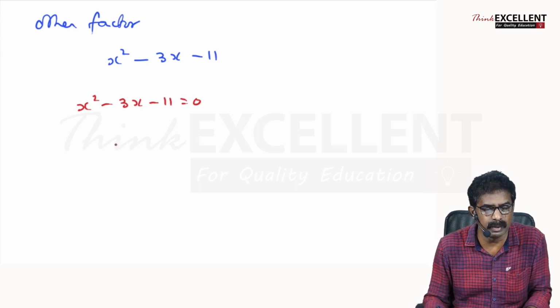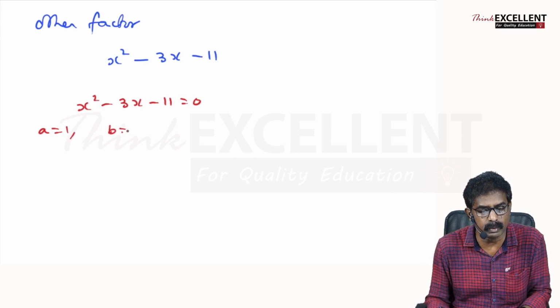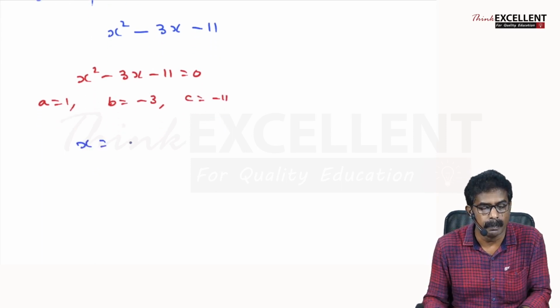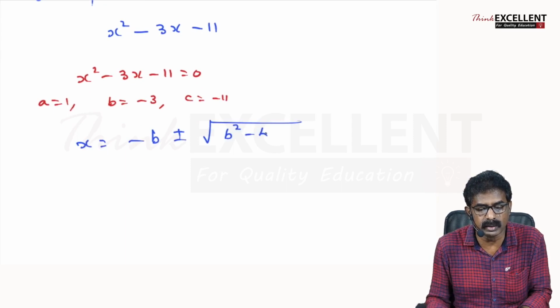Okay, so the formula method you can go through. Formula you know, so a equal to 1 here, b equal to minus 3, c equal to minus 11. Quadratic formula: x equal to, what's the formula? Minus b plus or minus root of b square minus 4ac, divided by 2a.